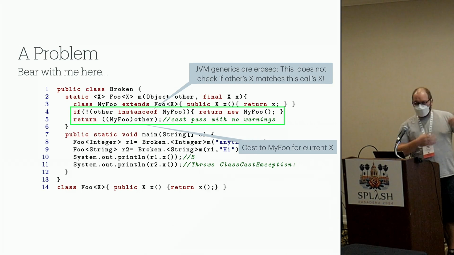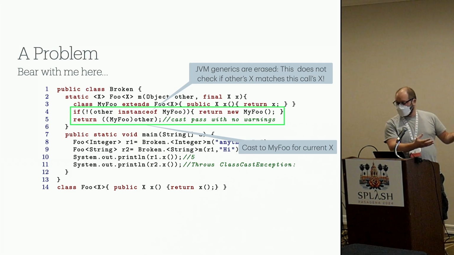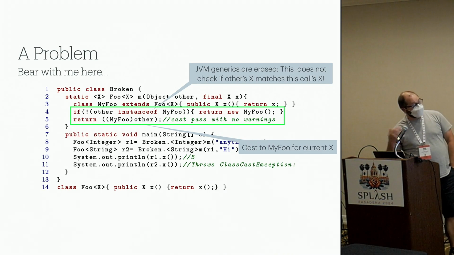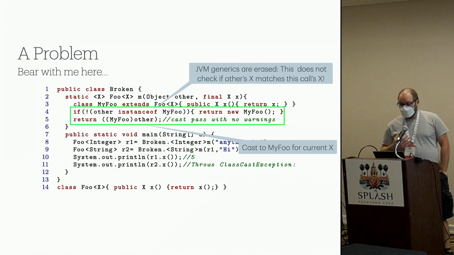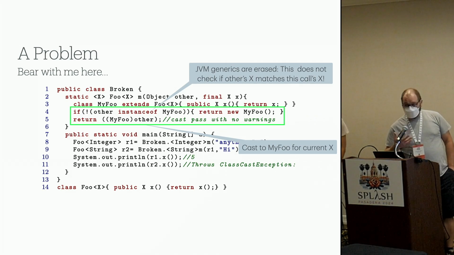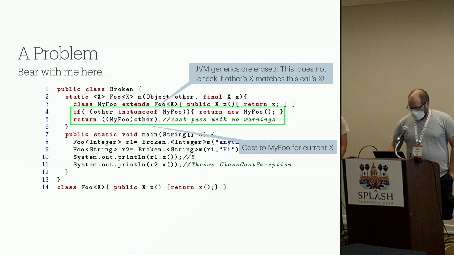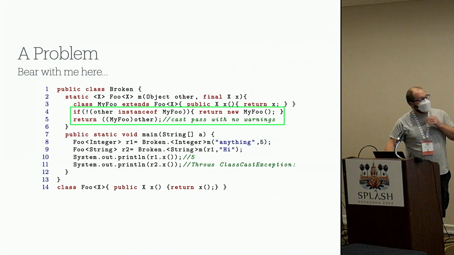And the same thing happens with this cast, right? Same problem again. We cast a myFoo, and the cast succeeds because it has the right class table. But again, the generic parameter is erased, so that part can't be checked. But this code compiles and runs without any compiler warnings. No warnings, no errors. So what goes wrong?